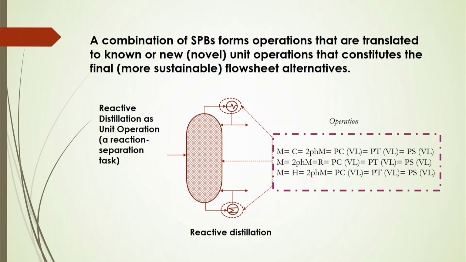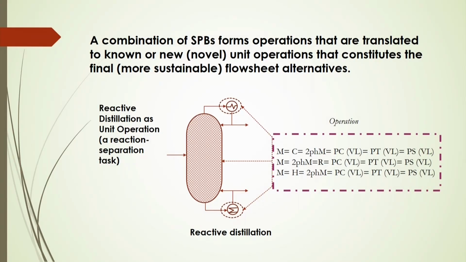So, based on this we can have reactive distillation, which will be considered as the unit operation, that is, a reaction separation task. In this case you will see where condensation and the heat exchanger are used there. In that case the operation will be based on mixing, two phase mixing, and PC, that is vapor liquid phase contact, and also phase transition between vapor and liquid, and also phase separation.